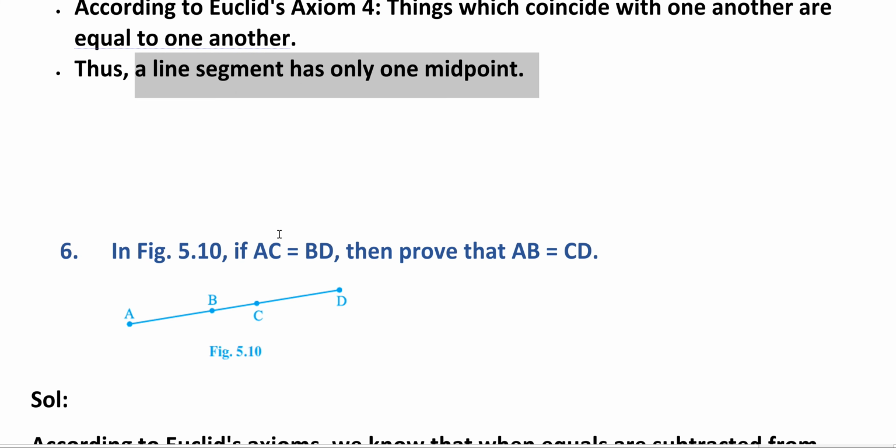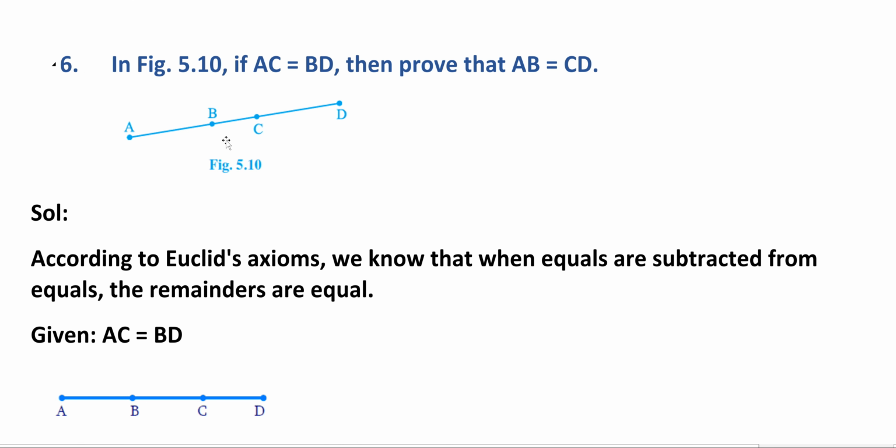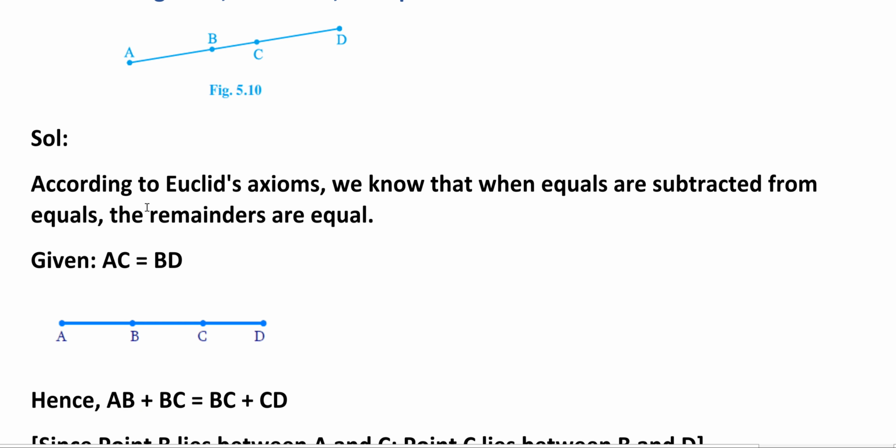Okay, sixth problem. In figure 5.1, if AC is equal to BD, then prove that AB is equal to CD. Solution.